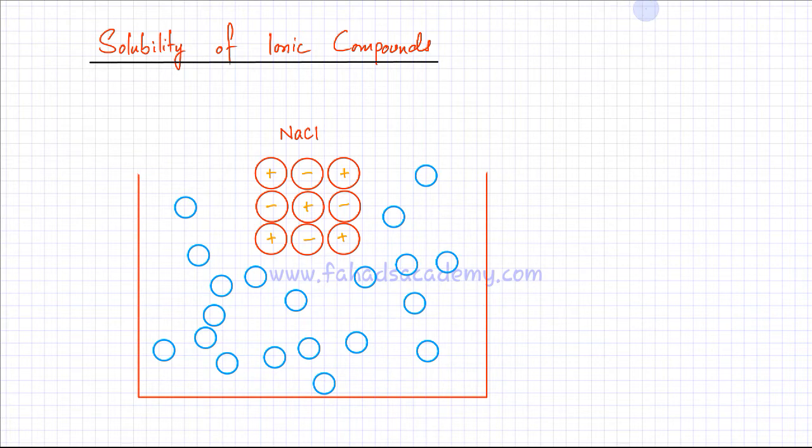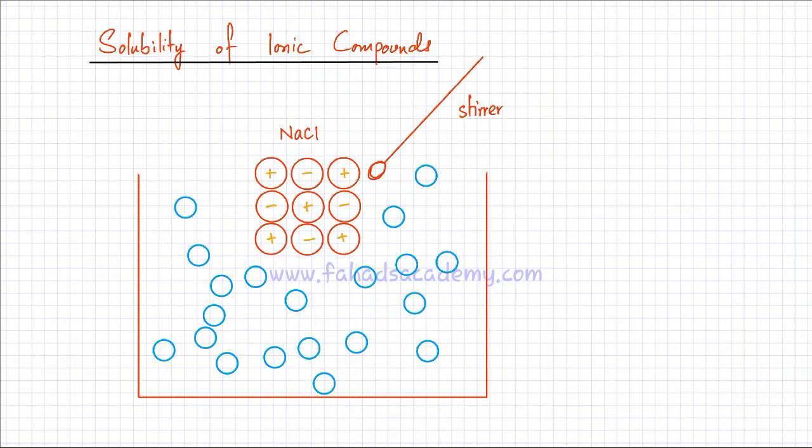The first thing that I would do is stir this. I'm going to take a spoon, a stirrer, and I'm going to vigorously stir this salt crystal and try to mix it with water molecules.